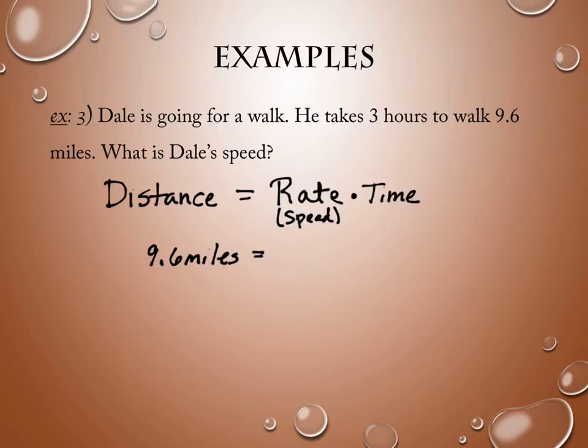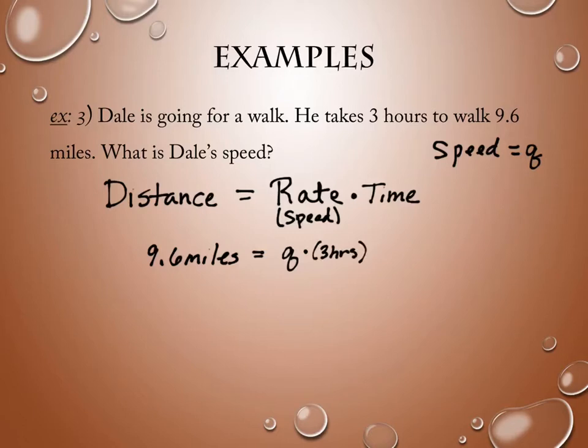So we don't know his rate or his speed, so we need a variable to represent that quantity. His speed, and I don't want to use S for speed, so somebody give me another letter. Q. Well, we're probably never going to get to use a Q, so that sounds like fun. Let's use Q. And then his time is 3 hours.